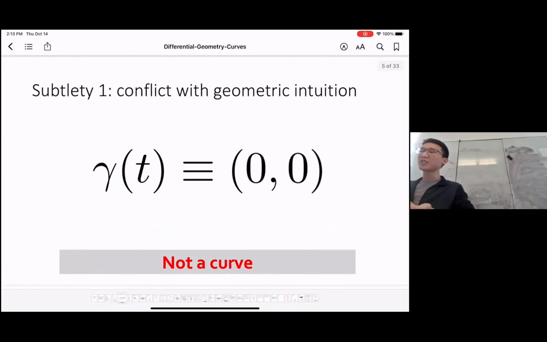It shouldn't be just a single point. But if we take the function definition and come up with a constant function mapping any t to (0, 0), it perfectly satisfies the function definition, but it is not a curve anymore. It is just a single point. So following the function definition, we see some contradiction with our geometric intuition.